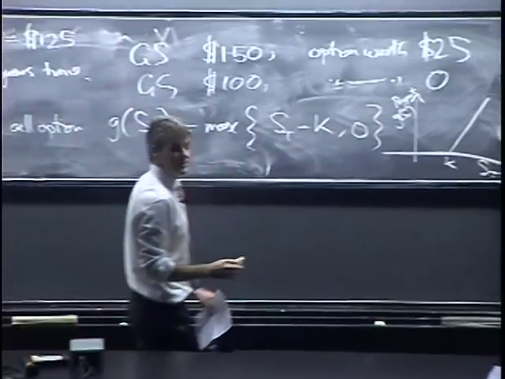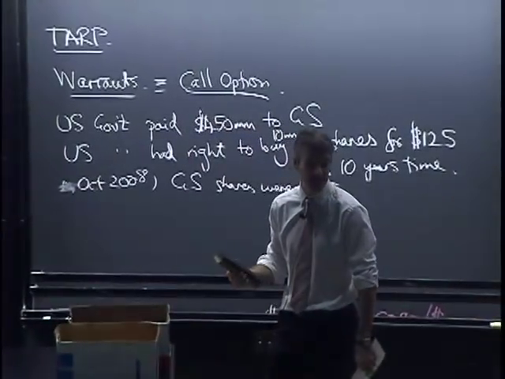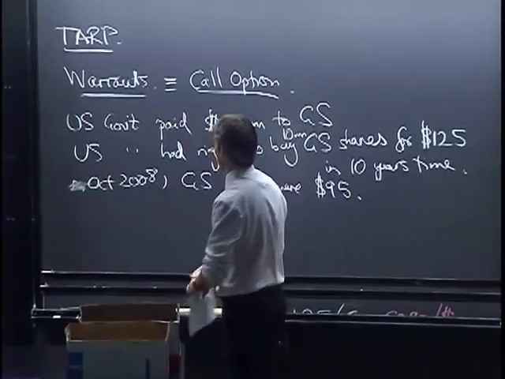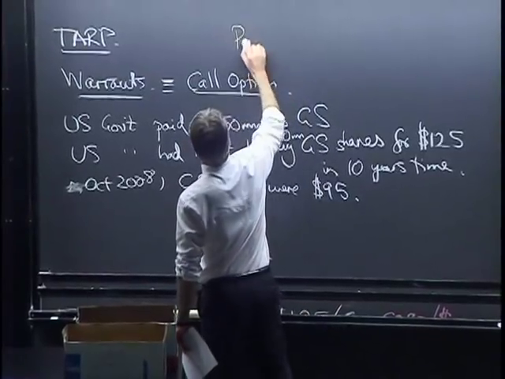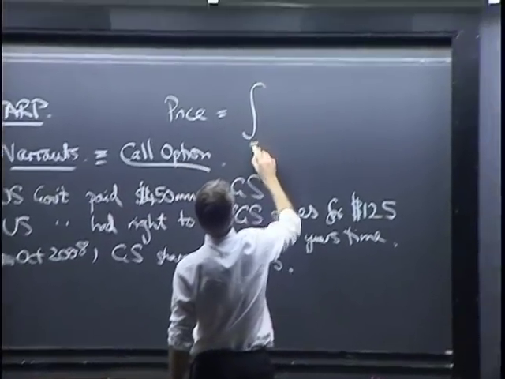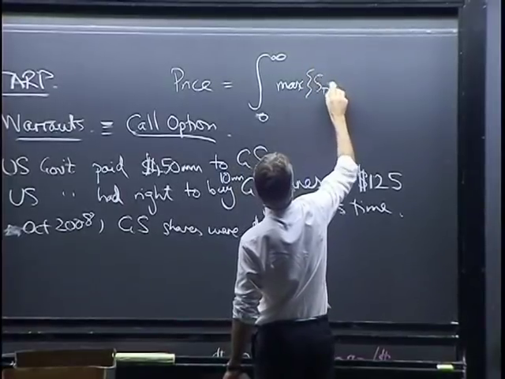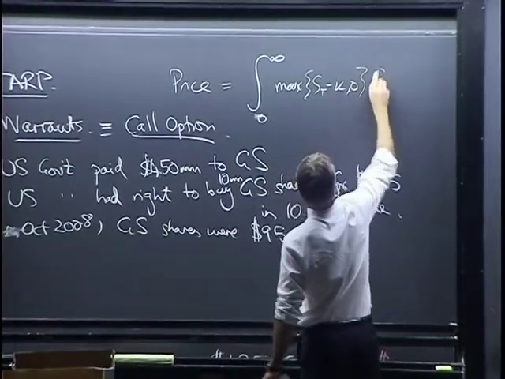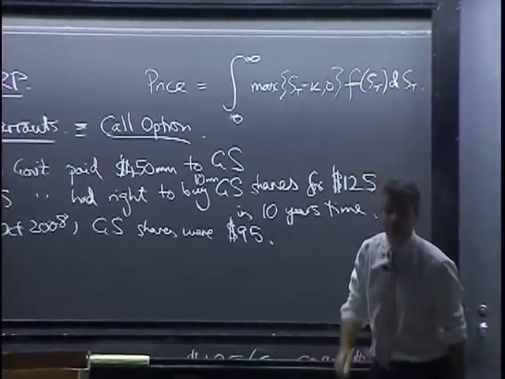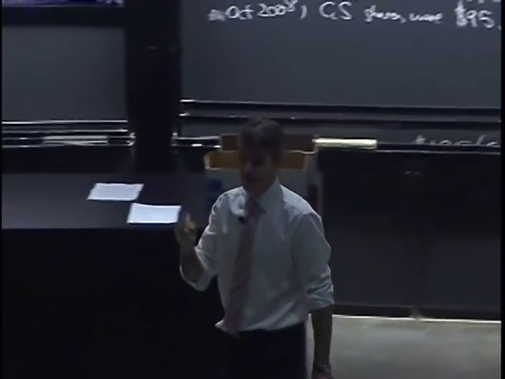So if I know the distribution, the PDF of S in 10 years' time, I know the price of this warrant, right? So the price of the warrant is just LOTUS.